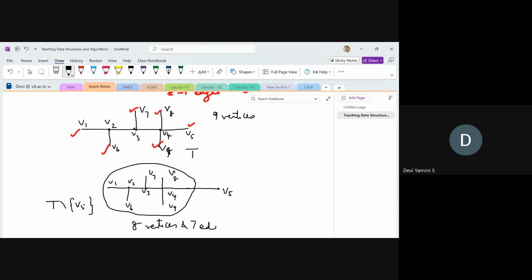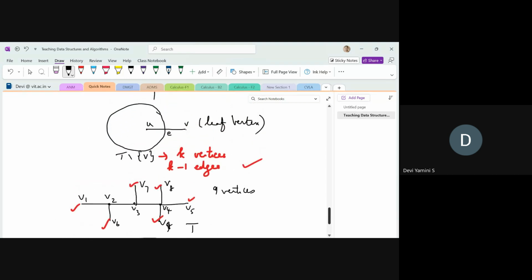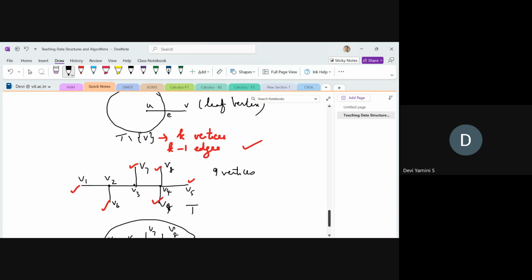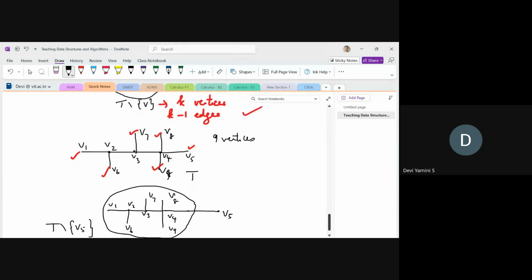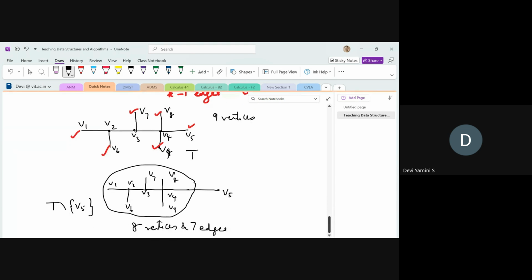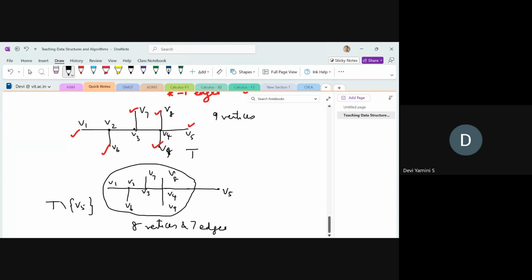And when we add back the removed edge, you get 8 edges in total for the whole tree. Hope the procedure is clear. Please let me know if this is not clear. I can explain it once again. Clear? Okay.